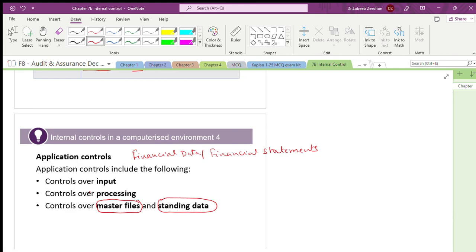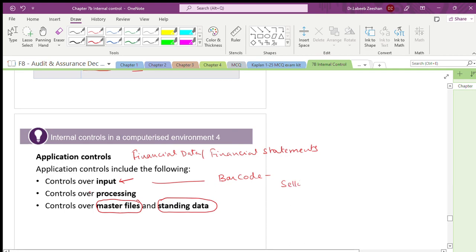Controls over how we are having the inputs. Make it a point: we are using a barcode automatically, observing what's happening at the selling point.